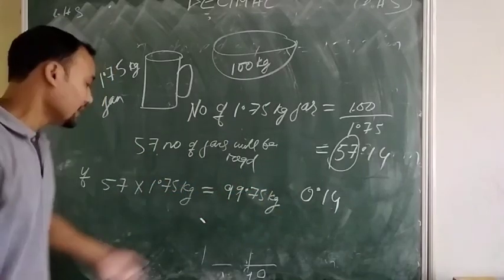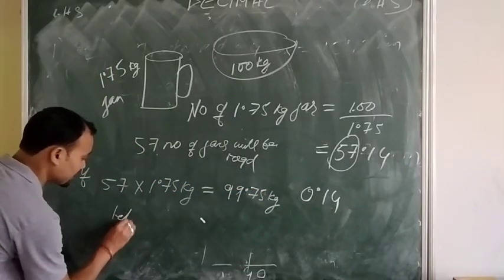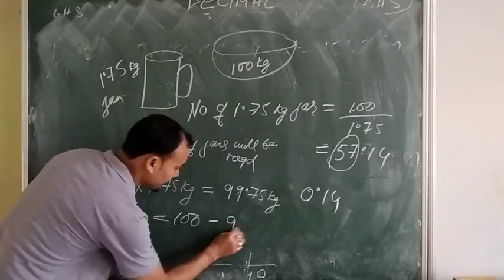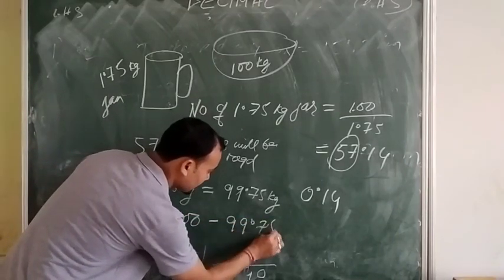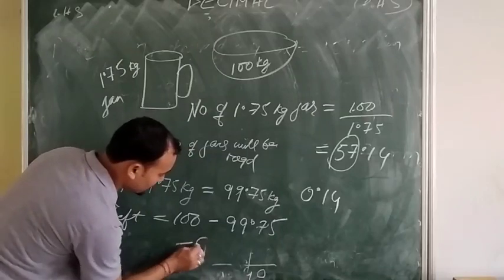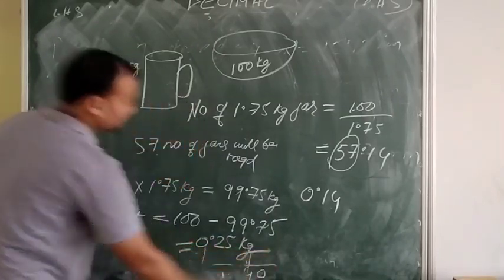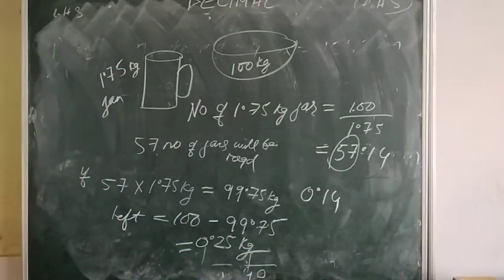Now what is left out? Left out is 100 kg minus 99.75. What will be the amount? The amount will be 0.25. So 0.25 kg is left out, and this is the answer.